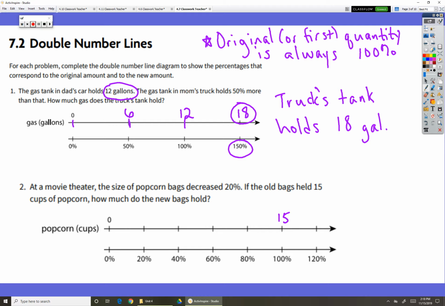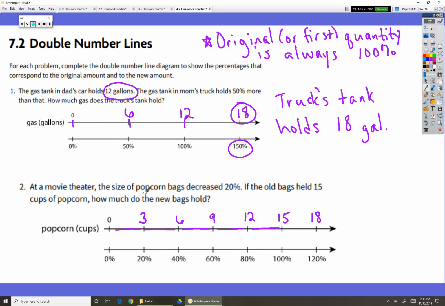Okay, so hopefully you saw that this is divided into 1, 2, 3, 4, 5 sections. So if it's divided into 5 sections, 15 divided by 5 is 3. So each section is worth 3 cups of popcorn. So we're going to go by 3s. 3, 6, 9, 12. We already have 15, and now we have 18.